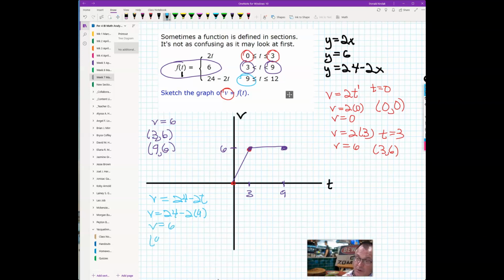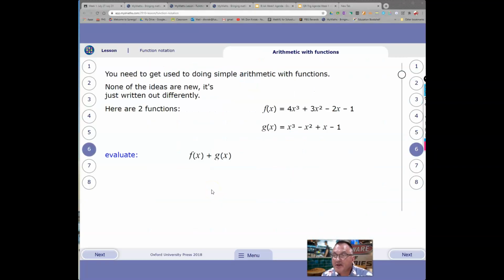So that's the point 9, 6, which is right here. And then the last point, when t is equal to 12, I'm going to have 24 minus 2 times 12. And that's 24 take away 24, so v is 0 when t is equal to 12. And there's my graph.